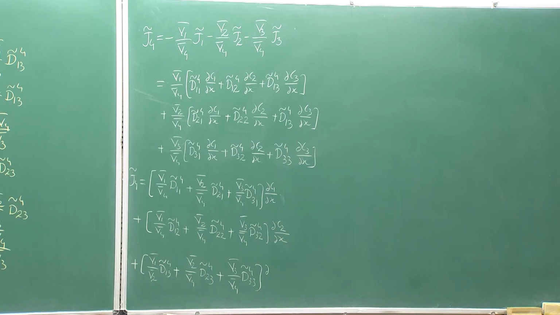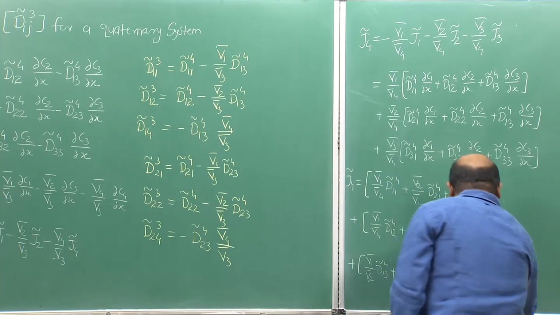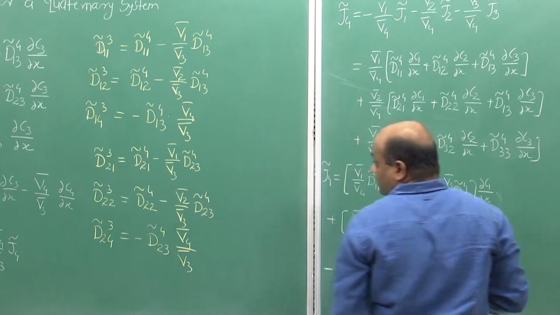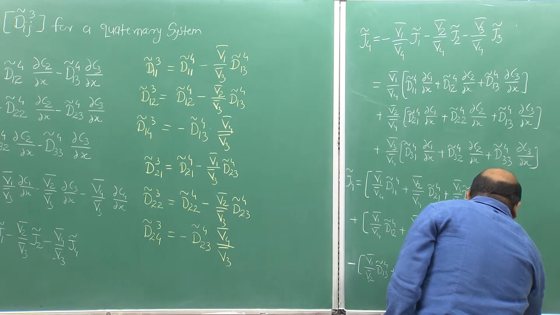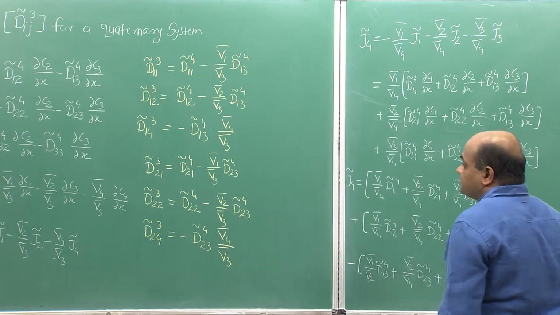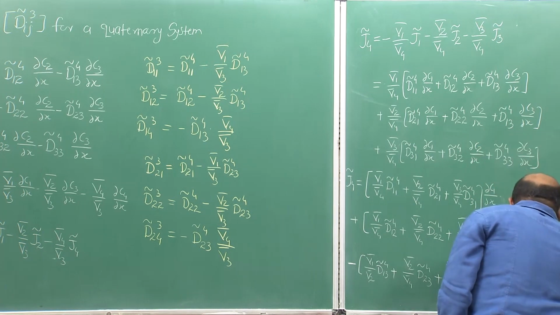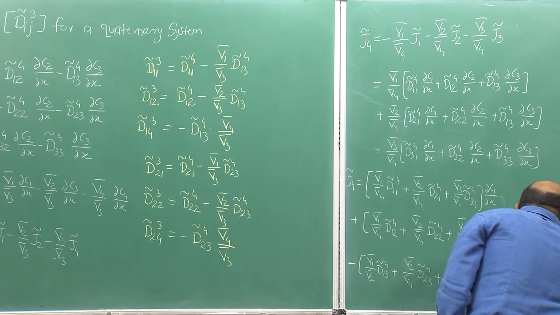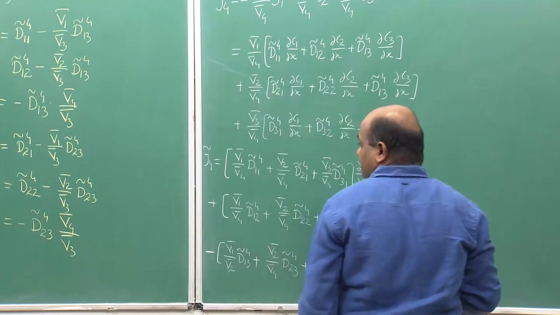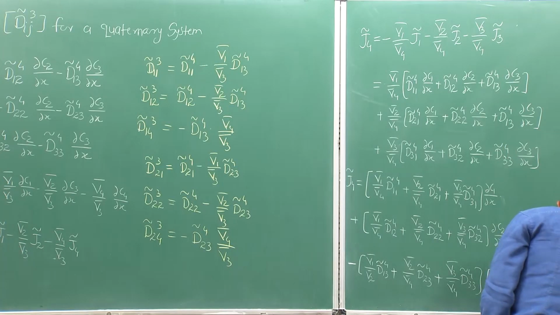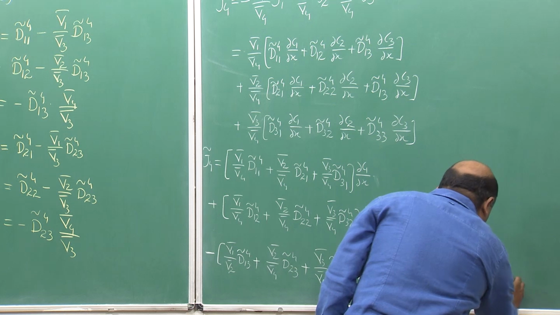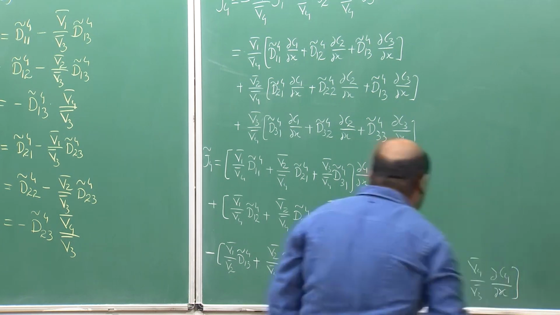common, and we again substitute for dou C3 by dou x, and this positive sign becomes negative: V1 bar over V3 bar dou C1 by dou x plus V2 bar over V3 bar dou C2 by dou x plus V4 bar over V3 bar dou C4 by dou x.